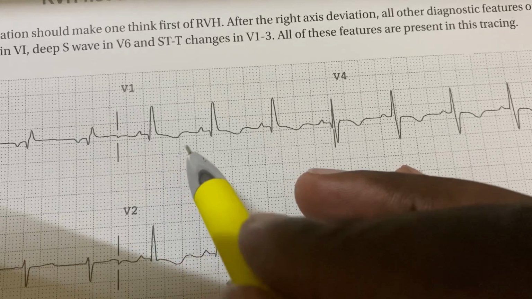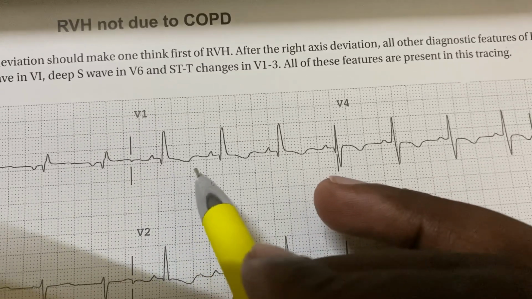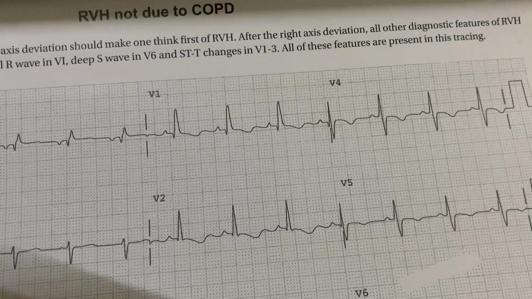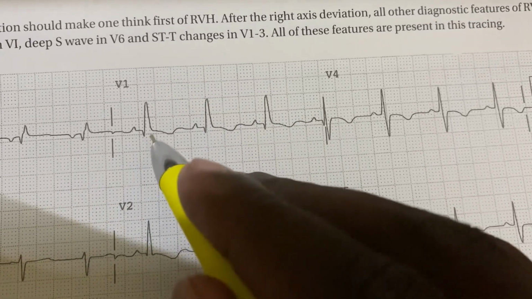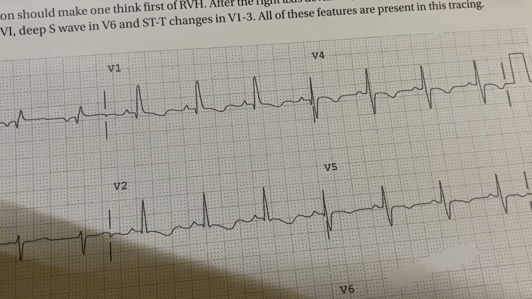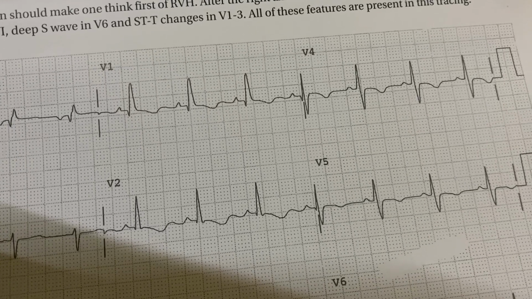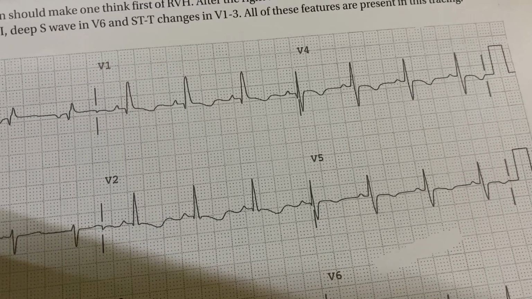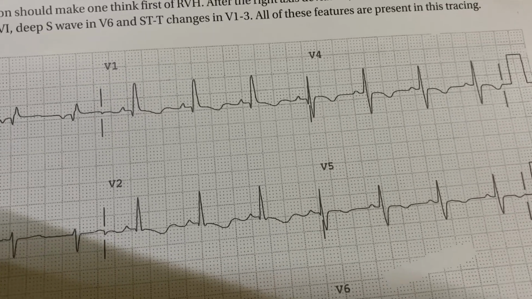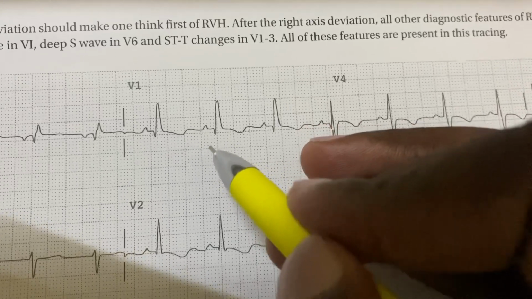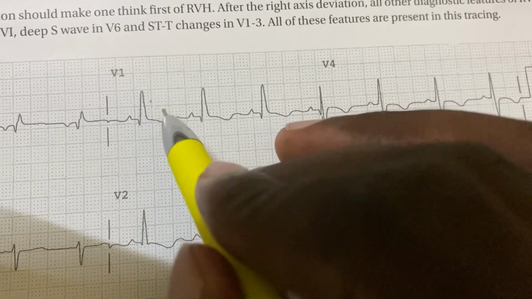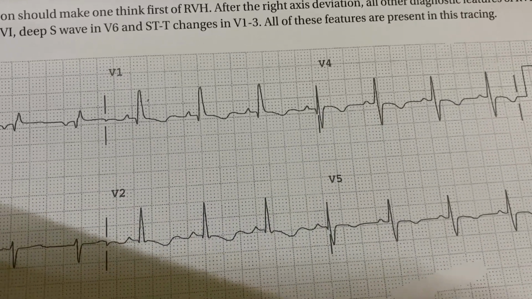In V1, this is one of the morphologies I gave: a small Q and then a tall R. For right ventricular hypertrophy, we said the R should be less than 7 millimeters, and this one is almost 10 millimeters, and not sharp but wider.